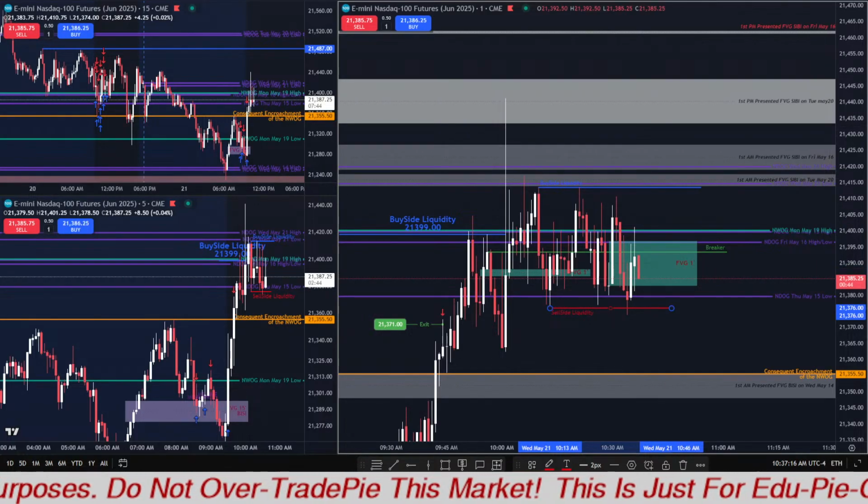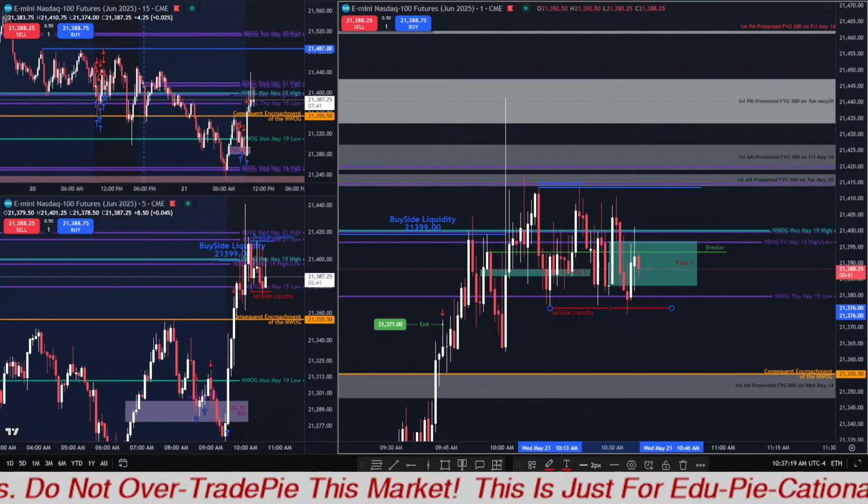The market is gyrating around the consequent encroachment of the fair value gap in the 1 minute chart.